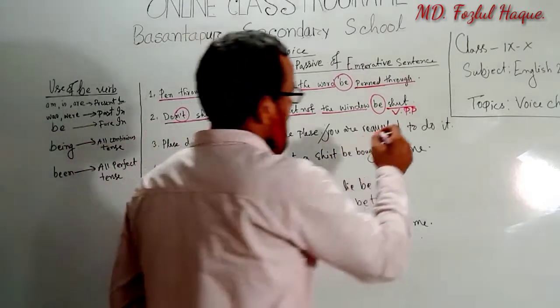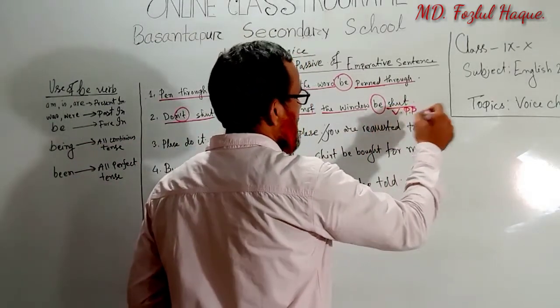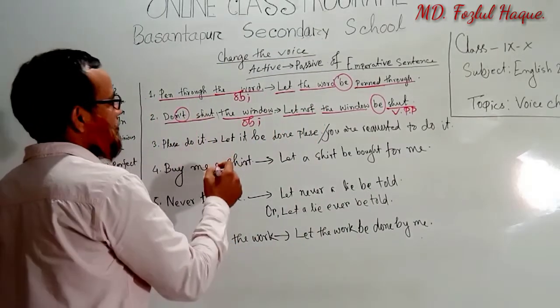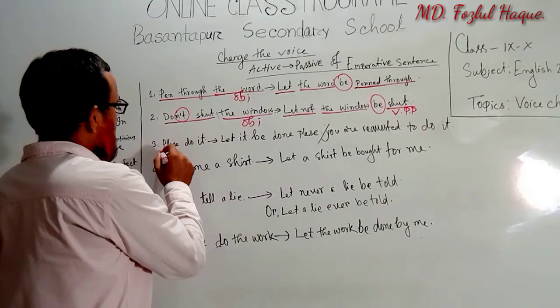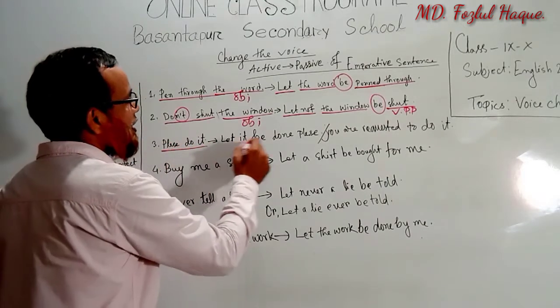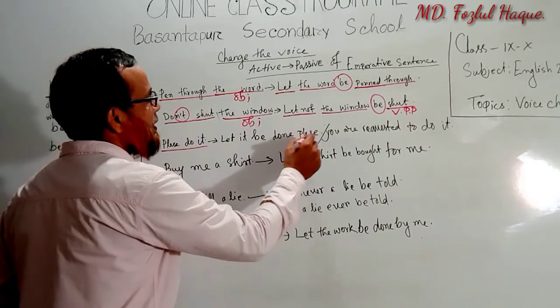The be verb with the past participle is important. Then please do it. Another example of an imperative sentence: let it be done, please.